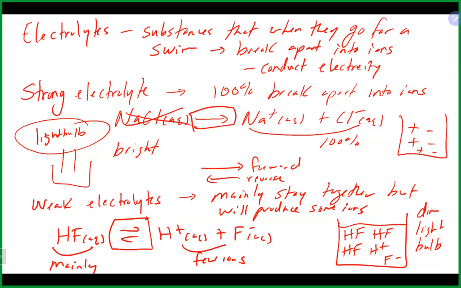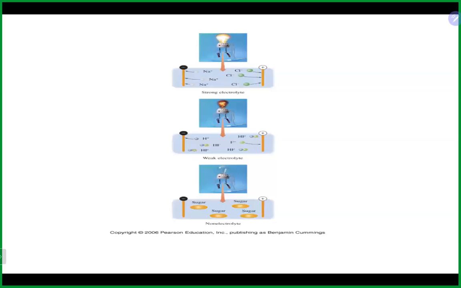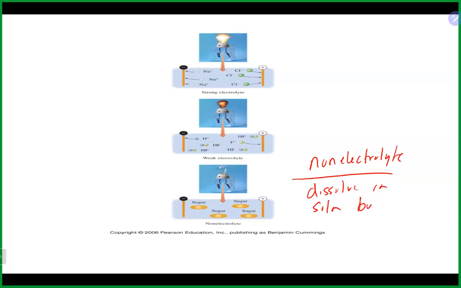The last type of electrolyte, which I guess is an electrolyte, I'll use this as an example, is a non-electrolyte. A non-electrolyte will dissolve in solution, but it will not form any ions.